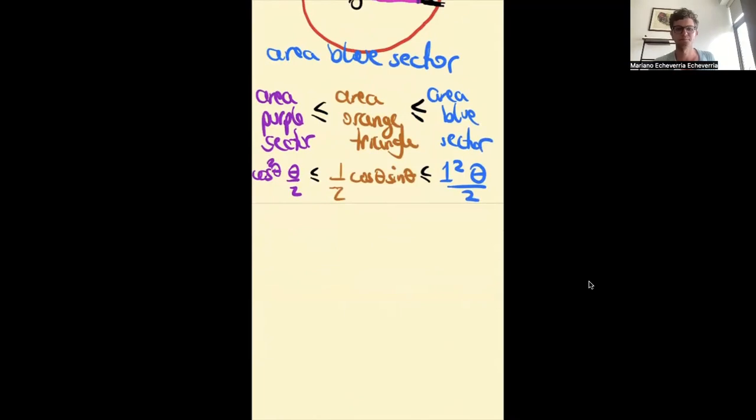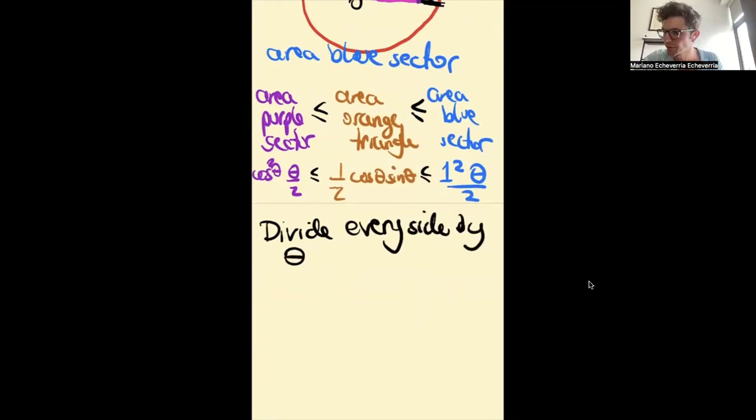So what could you do in this inequality? You can divide every side of the inequality by theta. So what happens with the left-hand side?